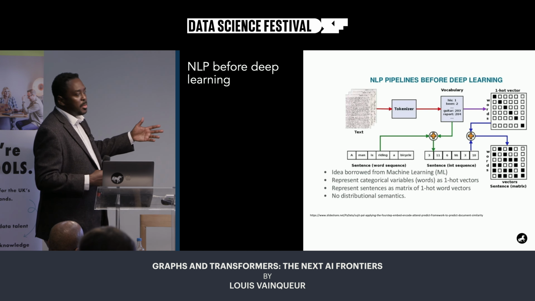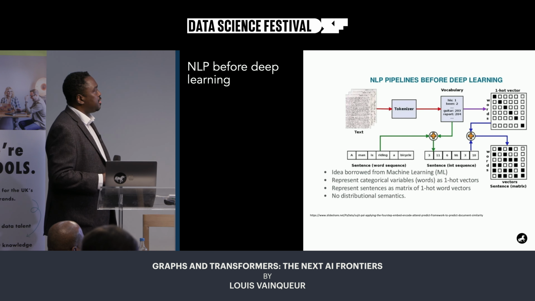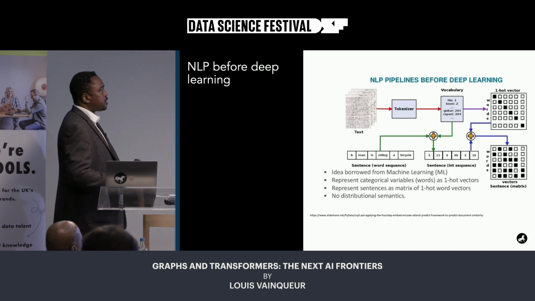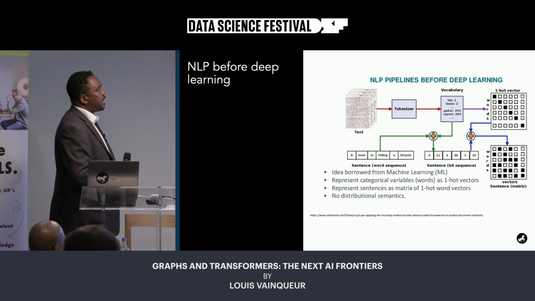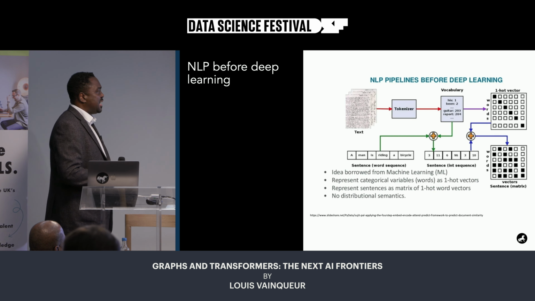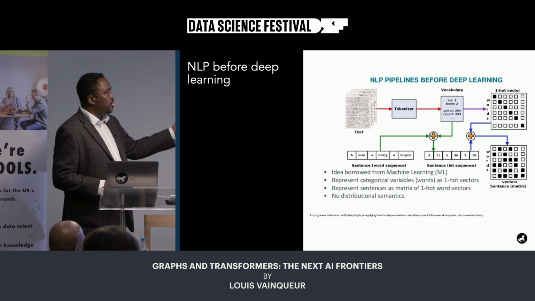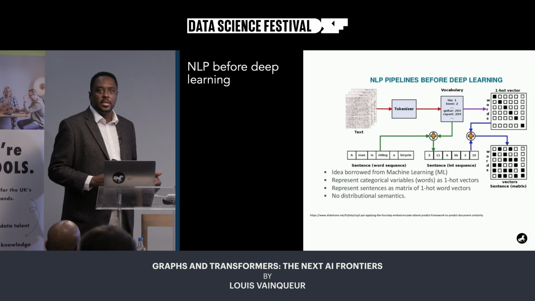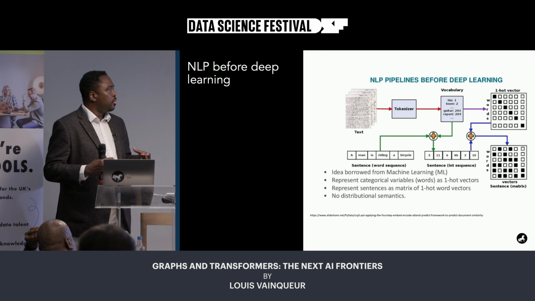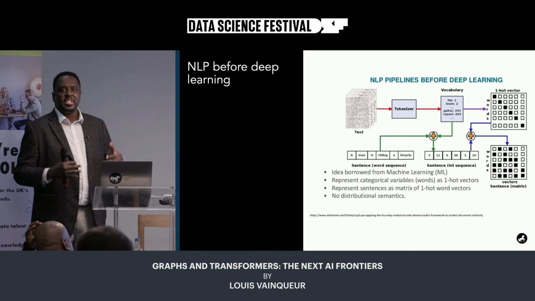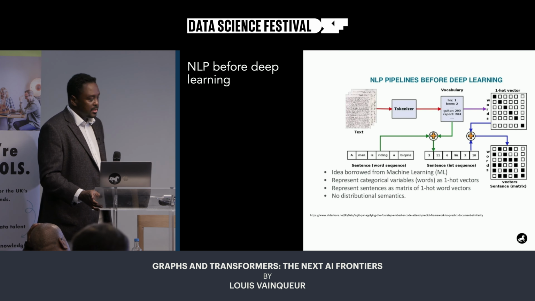Then you create a vocabulary with one-hot vectors, as we have seen before. Then you vectorize each of those sentences with the one-hot vector method and your vocabulary. Again, you have no distributional semantics. What that means is that you had no full understanding of the meaning of those words and similarity between concepts, and that was a big weakness.